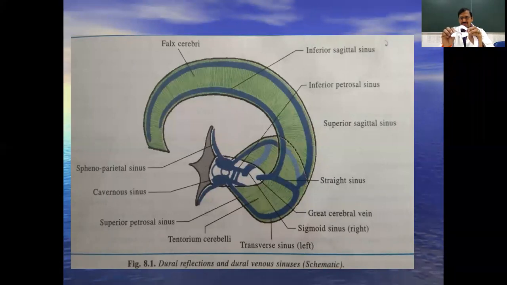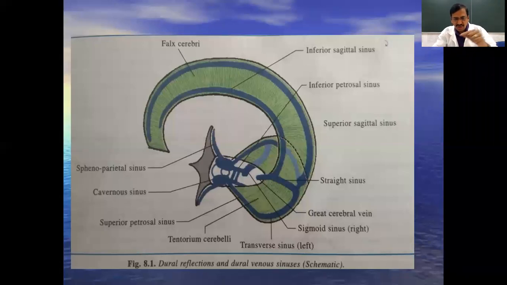Below this tentorium cerebelli, there is a small fold of dura mater called the falx cerebelli. It is a very small fold, this is the base of the falx cerebelli, and this is the apex. And this is the tentorium cerebelli, and here is the falx cerebri. These are the three folds of dura mater, and then another fold of dura mater.